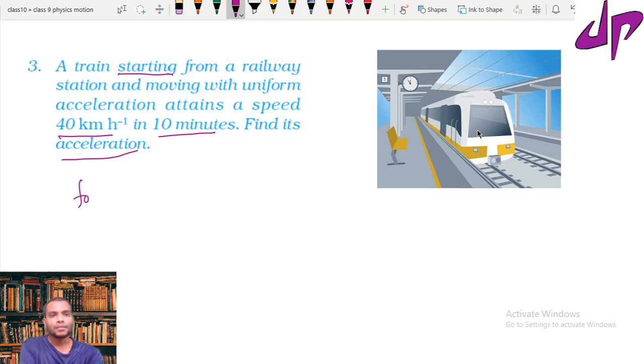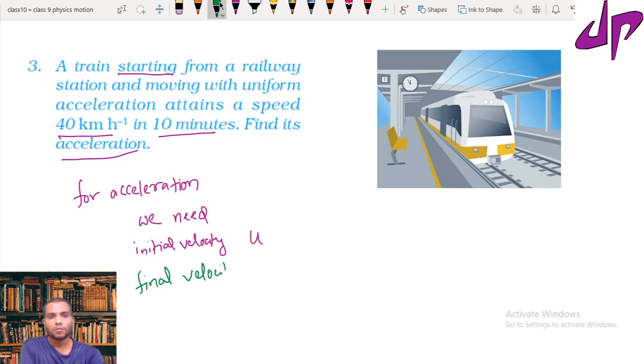For acceleration, we need u, initial velocity, and we need final velocity, which represents v, and we need time t.